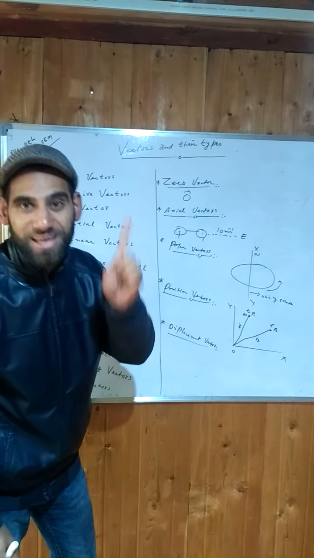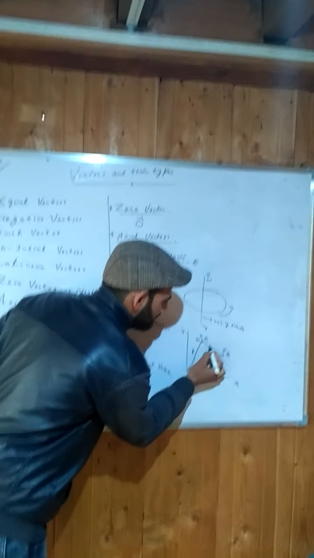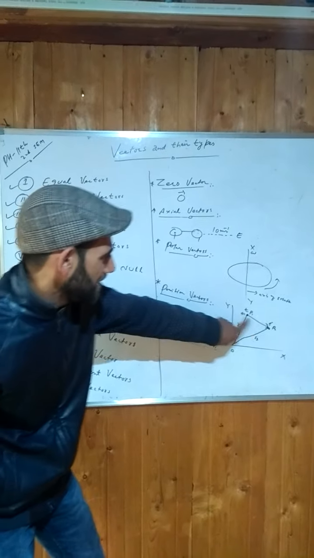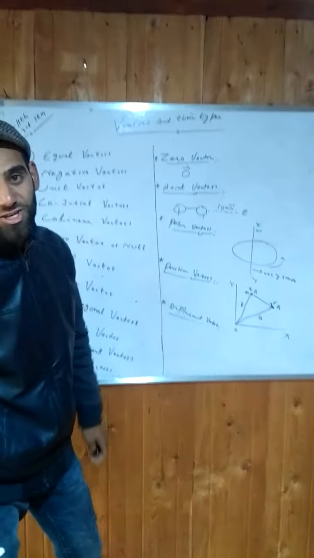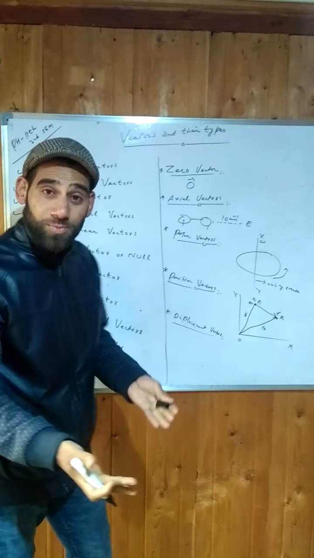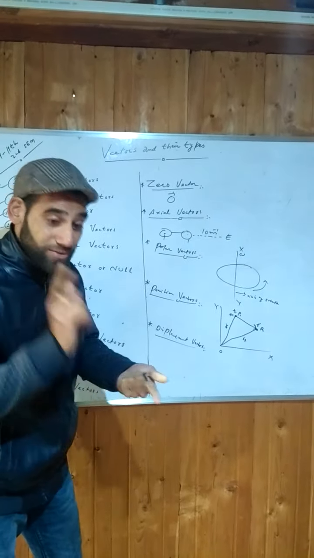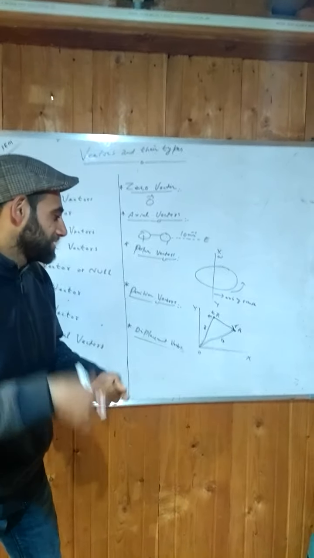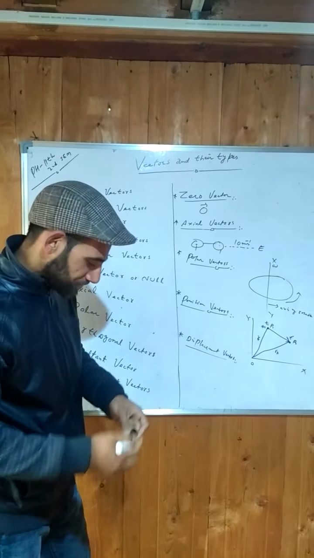That line, the vector P1P2, will give us the displacement vector. A vector which gives us the displacement of a moving particle is called a displacement vector.